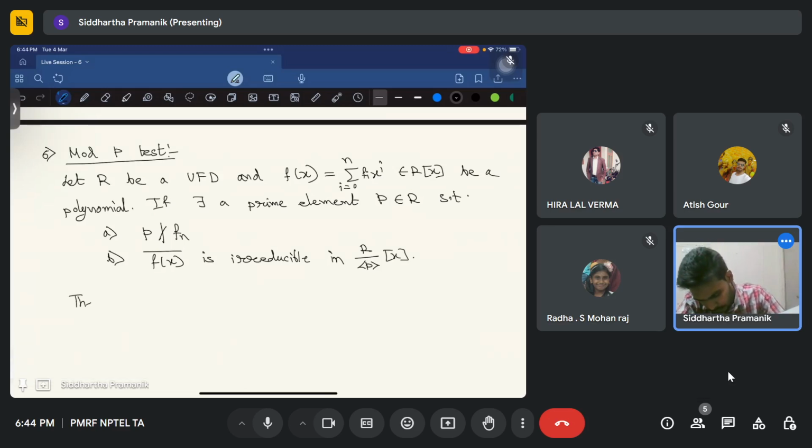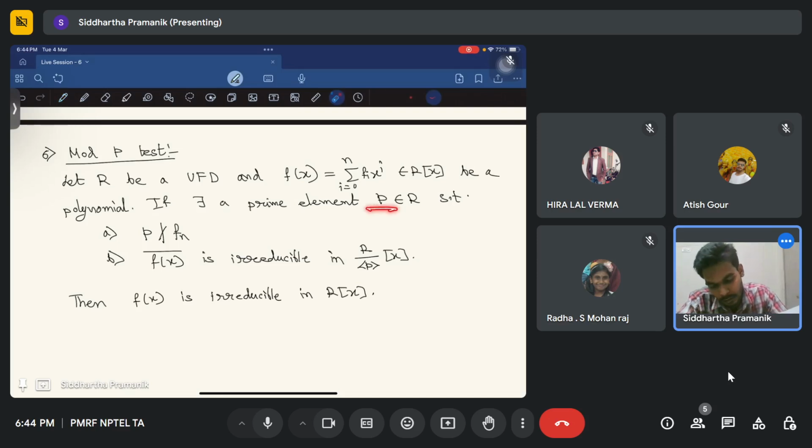Then the polynomial f(x) is irreducible in your original ring R[x]. So in this case, we need a prime element P which does not divide the leading coefficient of f, and the image of the polynomial is irreducible in this polynomial ring. Okay, then your original polynomial will be irreducible in R[x].